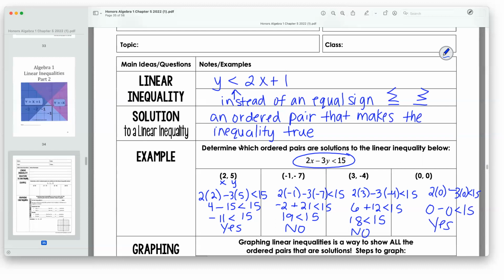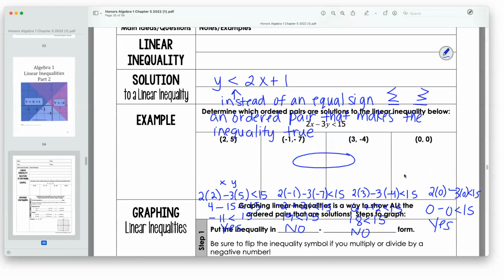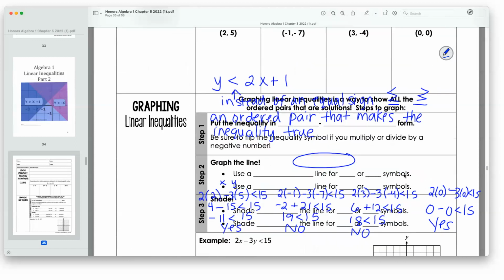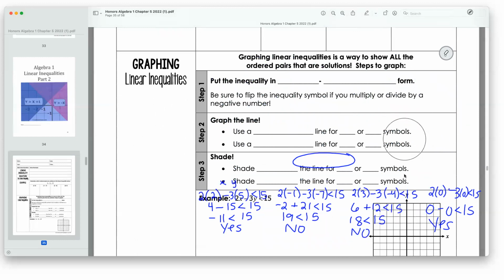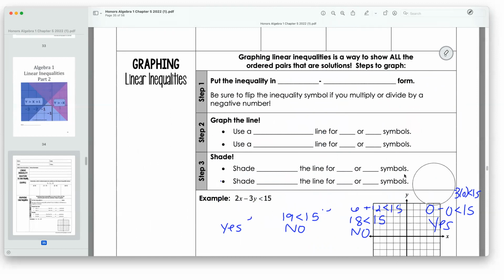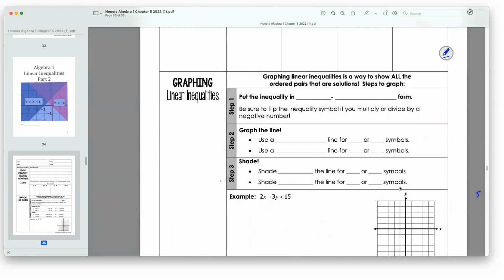Now, the whole point in finding solutions to linear inequalities is not just getting a bunch of points like this and seeing which ones are or are not solutions. It's actually by graphing linear inequalities. In order to graph linear inequalities, we have to follow a couple steps. The whole goal is to find the solution region where all the points are that are solutions to that system.